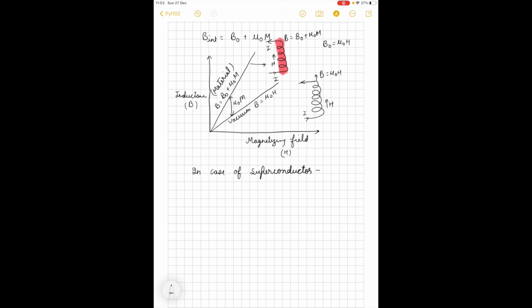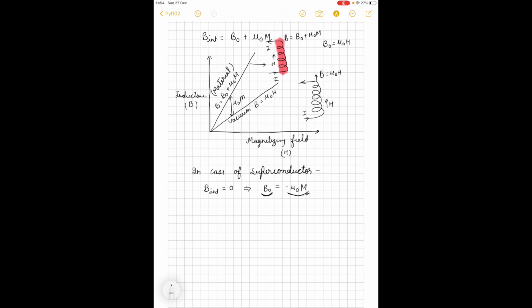the flux density or the induction inside is actually zero, meaning the material repels all the field lines and throws them outside, meaning B internal is equal to 0 inside the superconductor, which implies that B naught has to be equal to minus mu naught M, meaning whatever magnetizing field B naught you apply, the magnetization inside the superconductor just cancels it out.